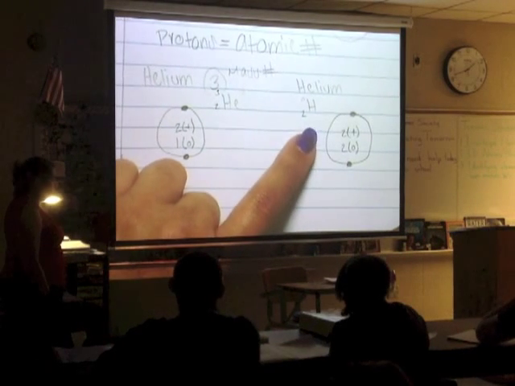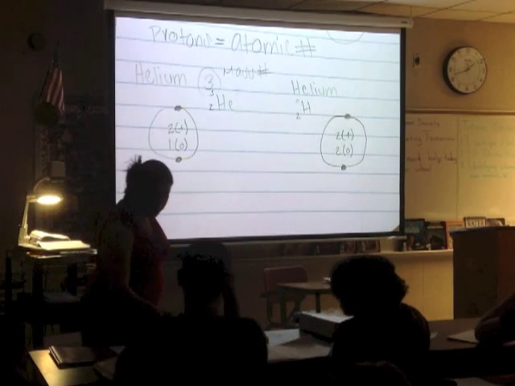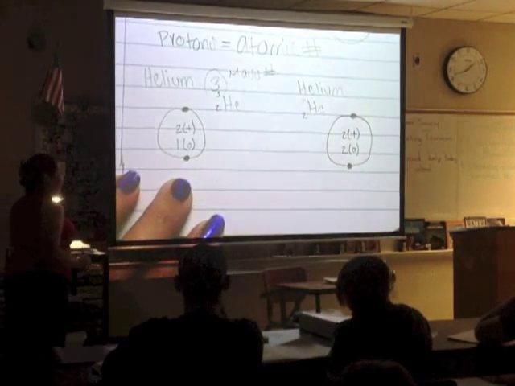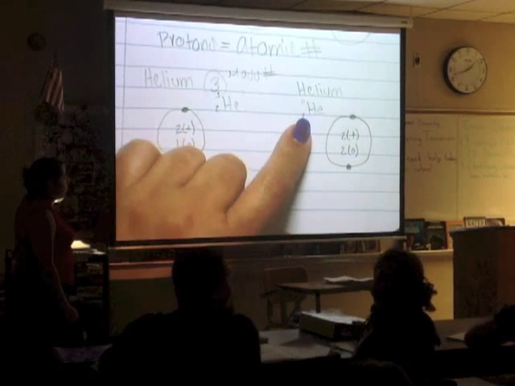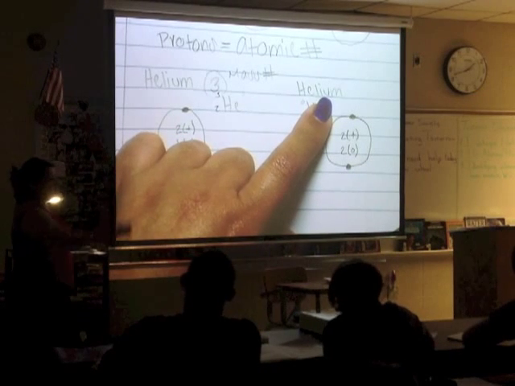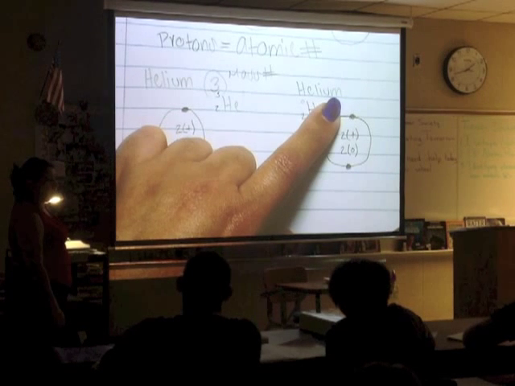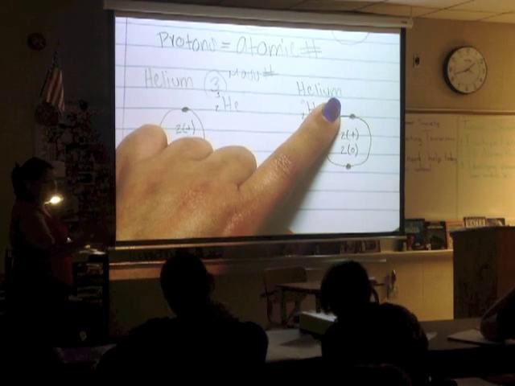Okay. Then I come over here, which I see is helium. Now, in this case, if I look at the periodic table, that's where I'm going to find the atomic mass, which is 4.00 something, right?